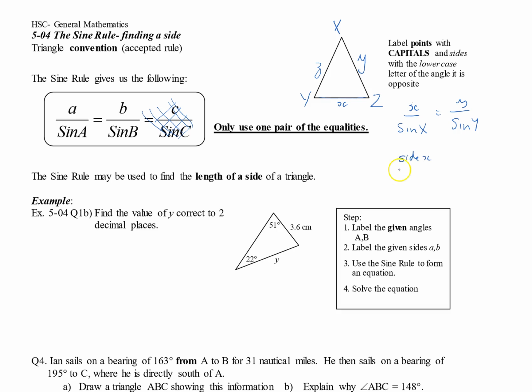So if you put the length of that side x over the sine of angle x, then that will always equal any other side, so side y over the sine of angle y.